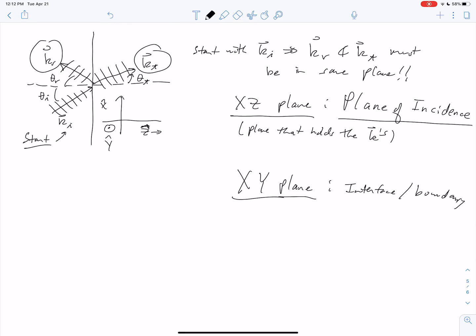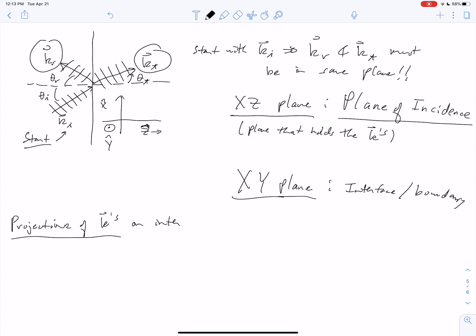This gives us some more insights, because now we see that if these are the k's and they must be in this plane, then I can see the projections. The projections of the k's on the interface must be equal.